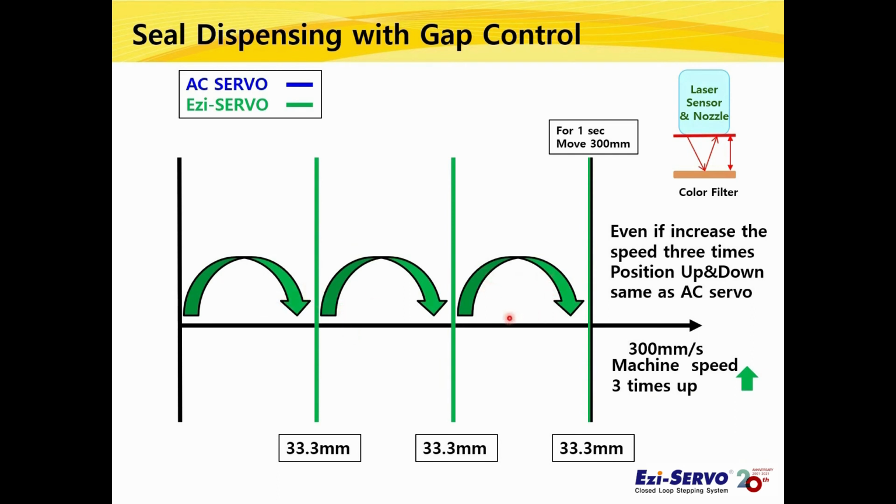This means that the machine speed is tripled. In other words, by changing one motor, it has tripled the speed of the machine, increasing actual machine productivity by 3 times. In other words, there are many machines where Ezi-SERVO can perform higher than AC servo if the motor is well selected according to the machine.